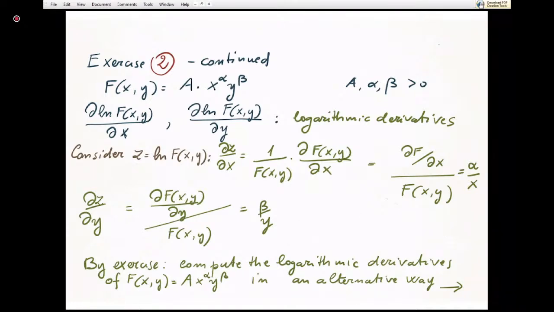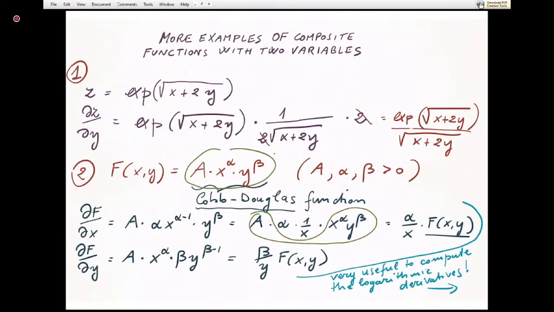So this is really also another useful insight. You have a two-variable power function. If you look at the partial derivatives, they are both functions of the two variables again.